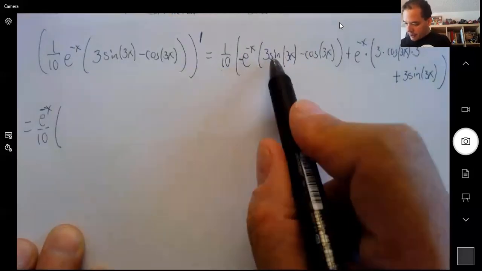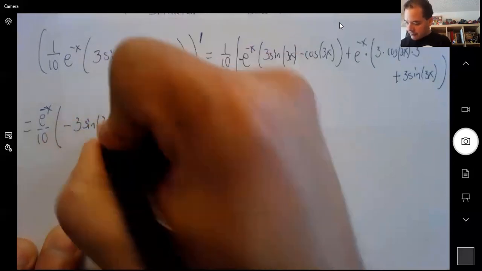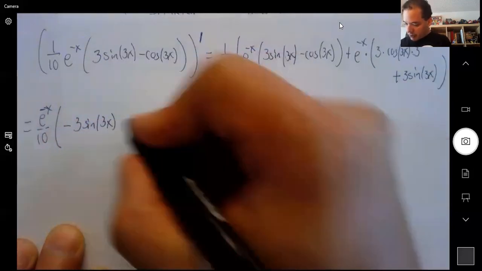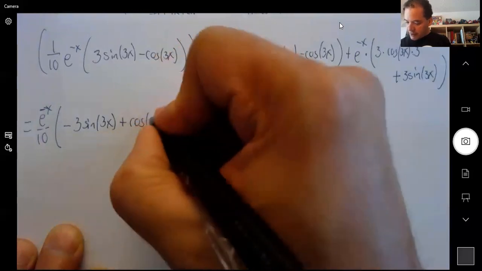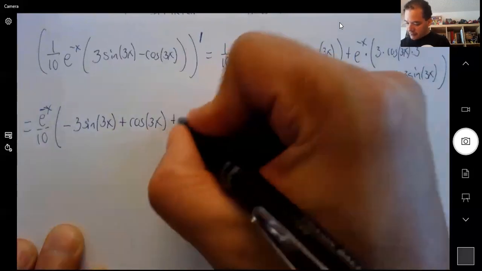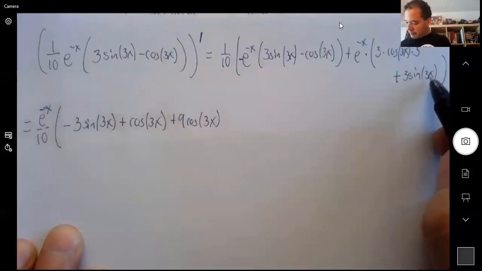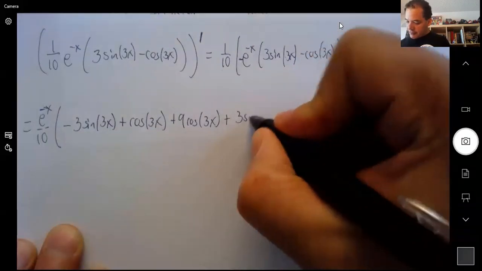Then this will be negative 3 sine 3x, then plus cosine 3x. Then over here is plus 9 cosine 3x. And then over here is plus 3 sine 3x.